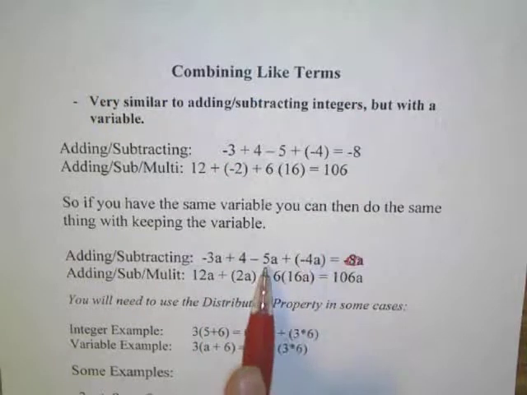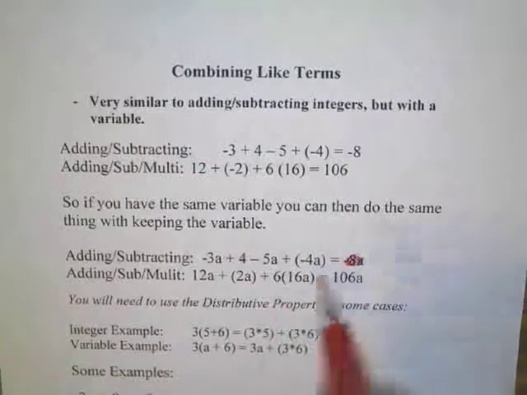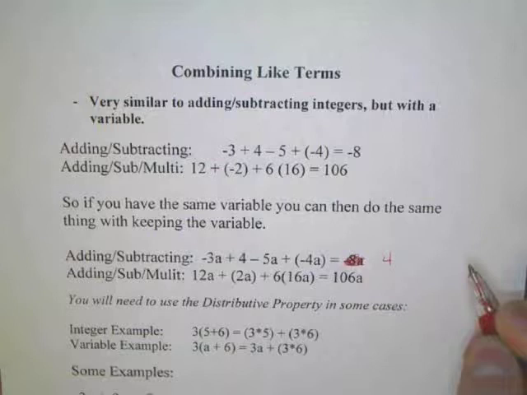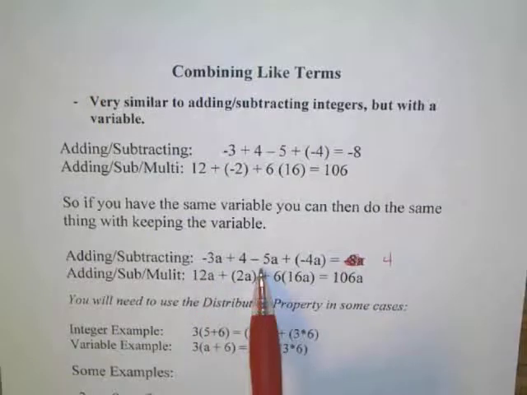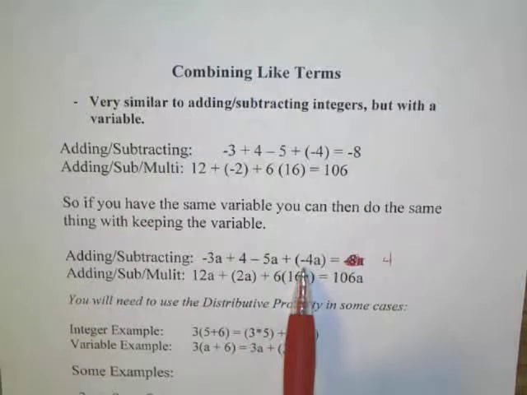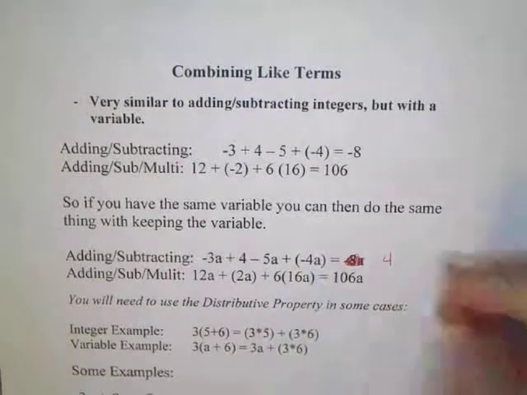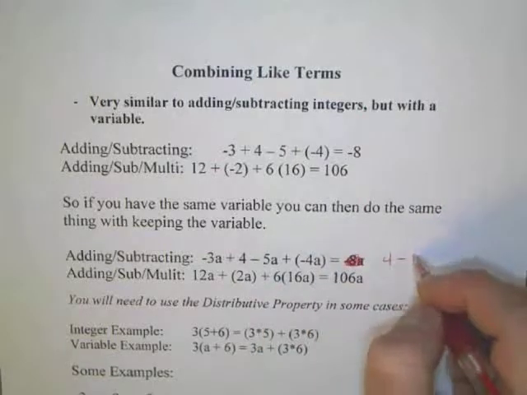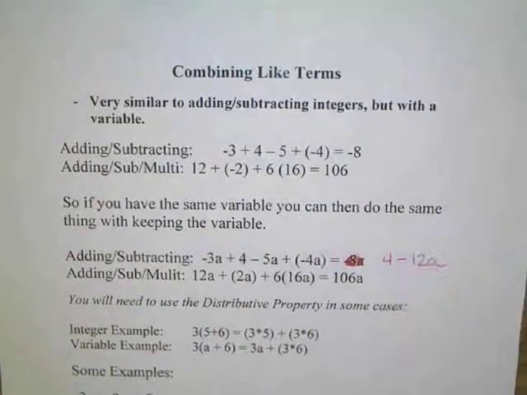What we need to do is combine all of our a's. So we're going to have 4 and -3 plus a -5 is -8 plus a -4 is a -12. So it's going to be the positive 4, minus 12a.